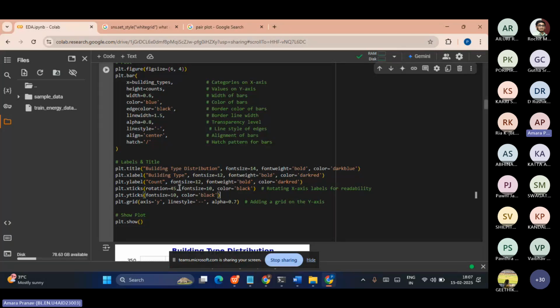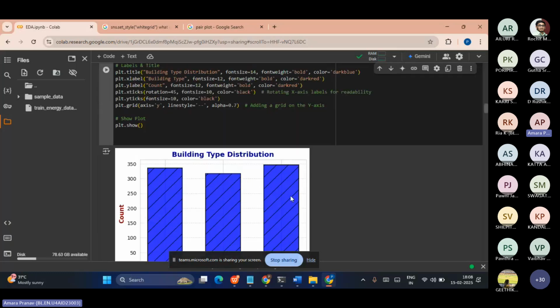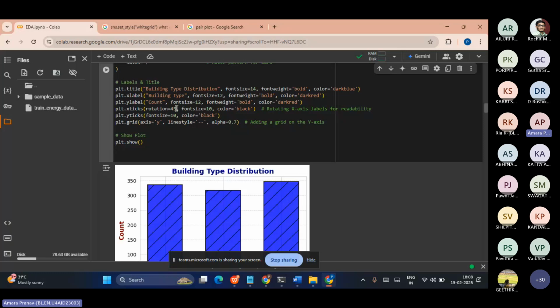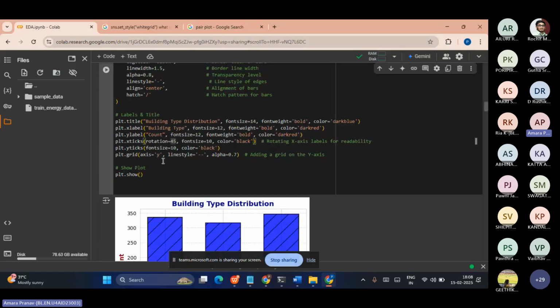Here there is a rotation parameter for xticks. It is for the x labels, whatever x labels are there. This is currently at an orientation of 45. Suppose I change it to 60, then this orientation will become more. I'll just change it and show.